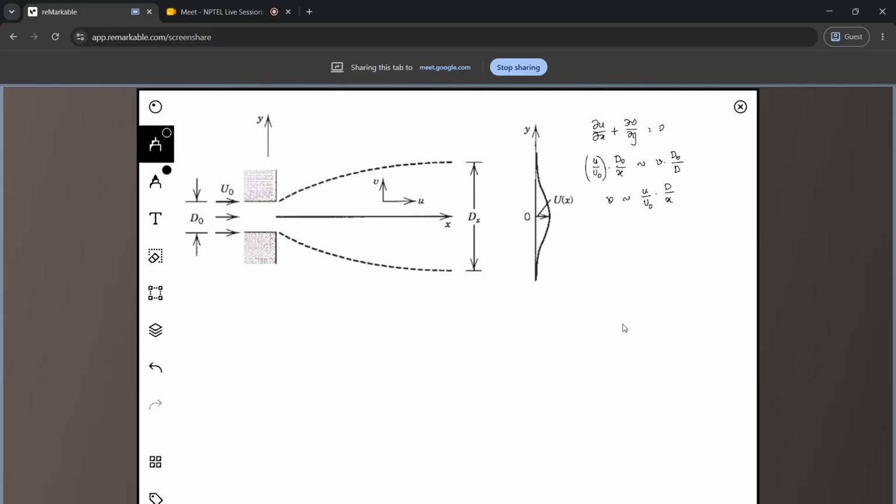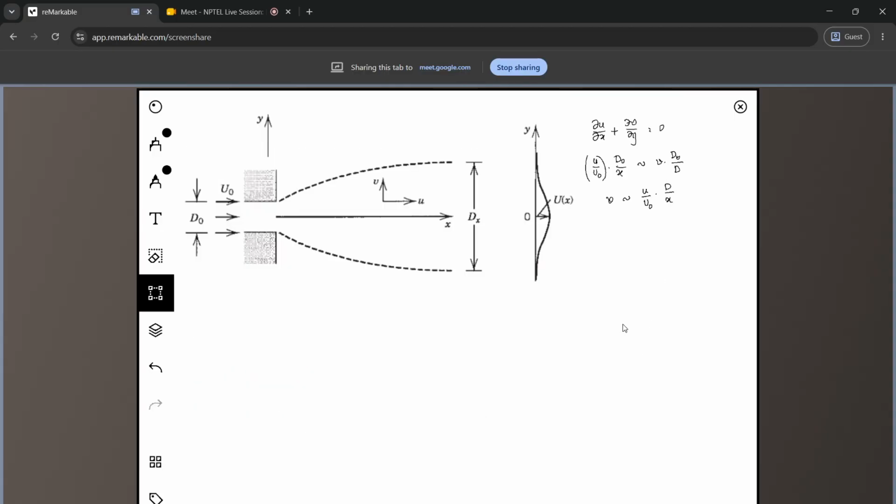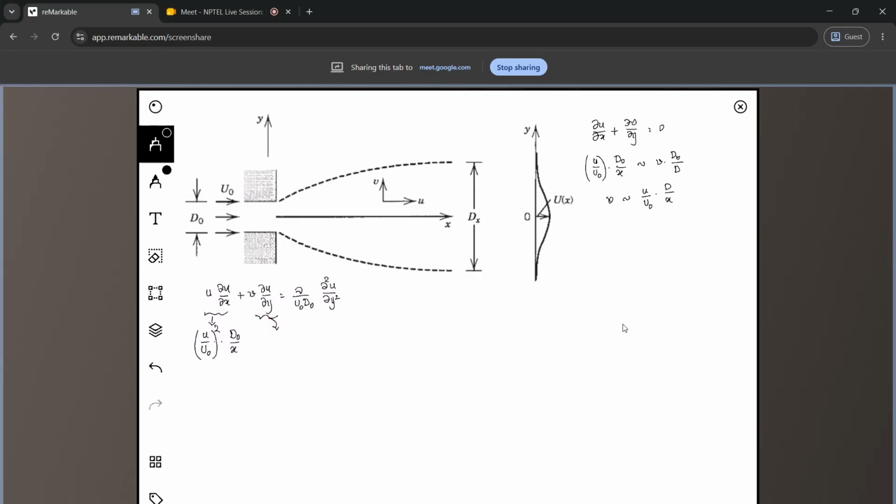Now if you take our equation, so v would scale as u by u naught times d by x. Again, we have a del u by del y.